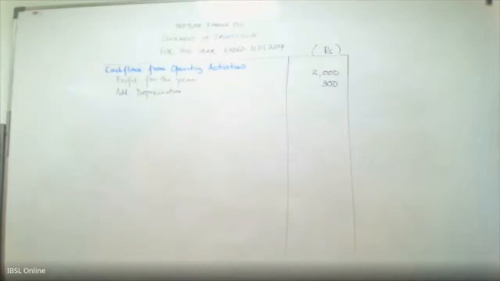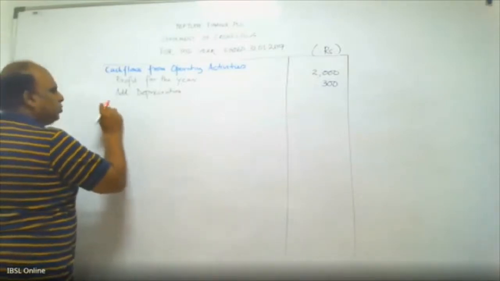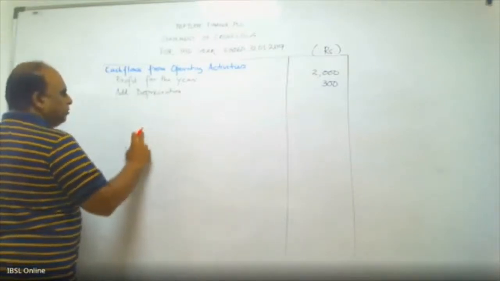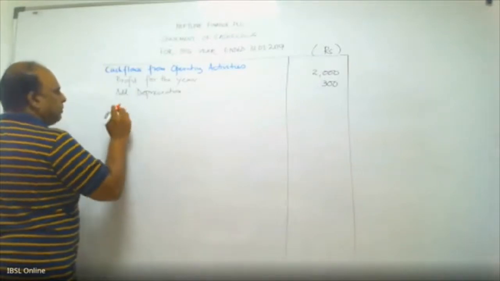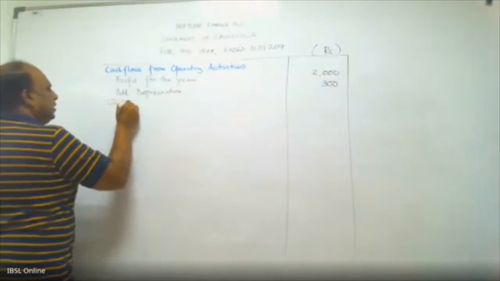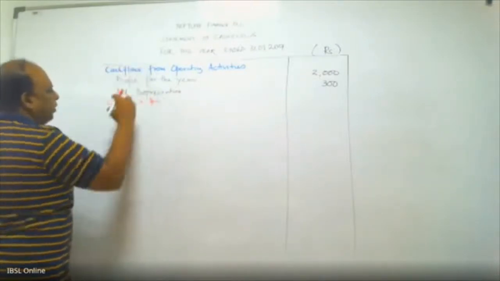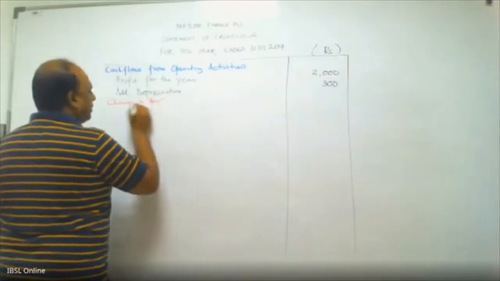Then what I need to move in? I need to look at changes in, I am using different colors to say the captions, but in examination you have to write it with one color, right? Changes in, this is like the subheading of cash flow from operating activities.